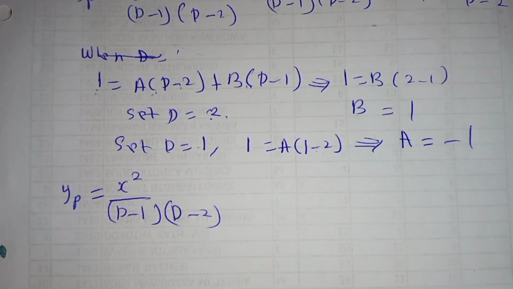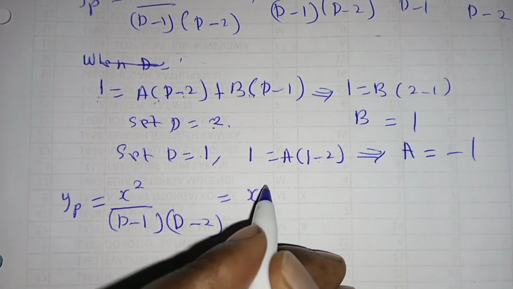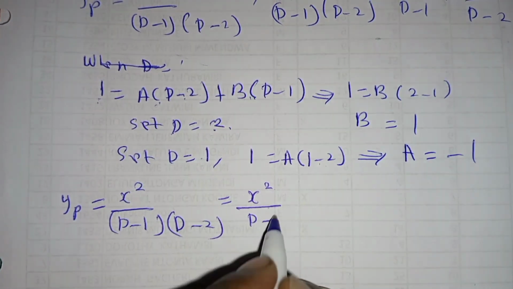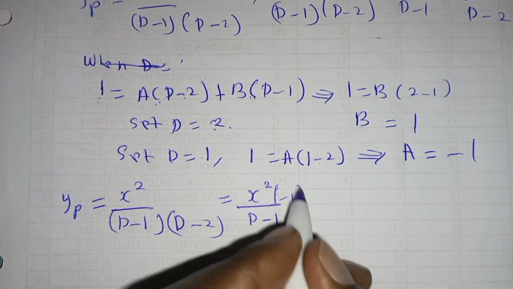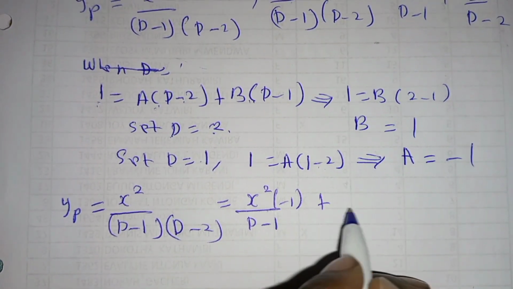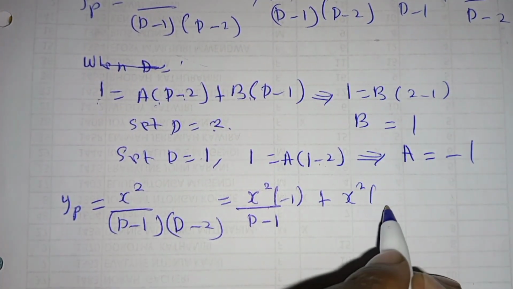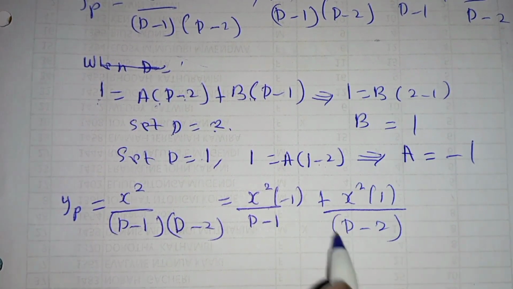We have found above that we can rewrite it as x squared over (D - 1) multiplied by the value of A, which we have found to be -1, plus x squared multiplied by the value of B, which is 1, divided by (D - 2).